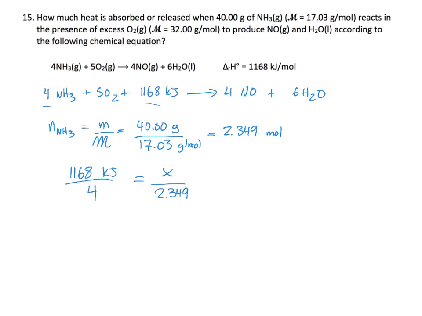And then just solve for X. So X is equal to 1168 kilojoules over 4 moles times 2.349 moles, which is equal to 685.9 kilojoules. And that's absorbed. It says absorbed or released. It's absorbed because this is endothermic.